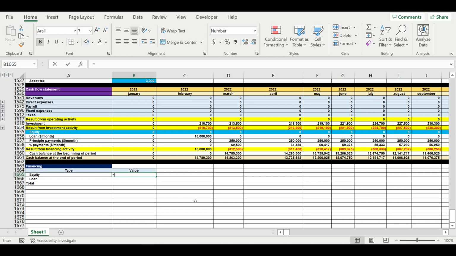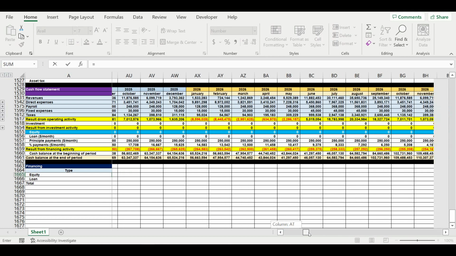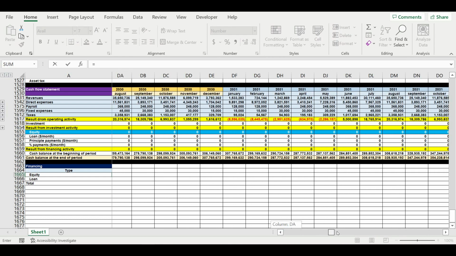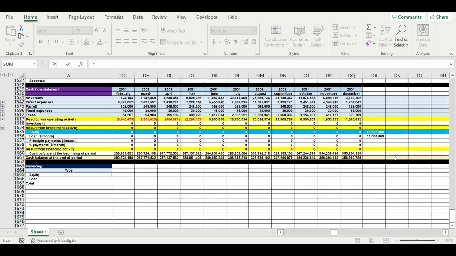We are taking the data from the end of the timeline where we created totals before.